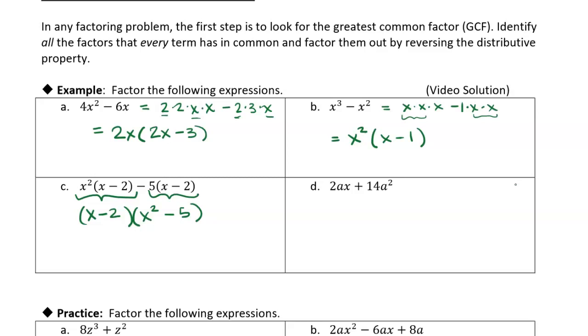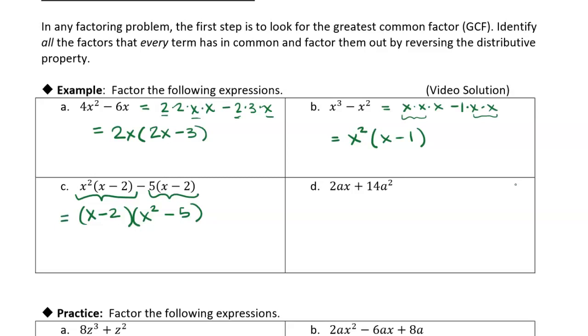You have a factor here that is actually a binomial, but it's still a factor. So we're factoring out the x minus 2, and what we're left with is x squared minus 5. Again, you should be able to redistribute the x minus 2 and get what you started with. All right, let's take a look at the next one.